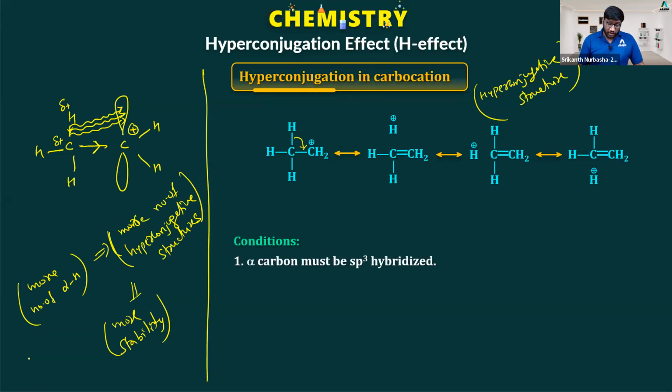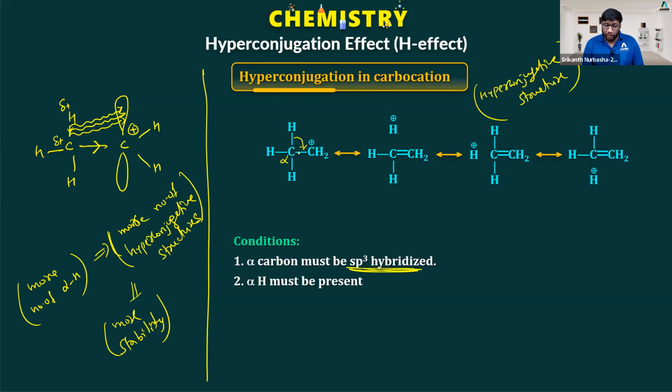Conditions. What are the conditions you have? Alpha carbon is a carbon which is directly connected to the carbon bearing positive charge. Alpha carbon should be sp3 hybridized. Alpha carbon should not be involved in a double bonded system. Alpha hydrogen must be present.